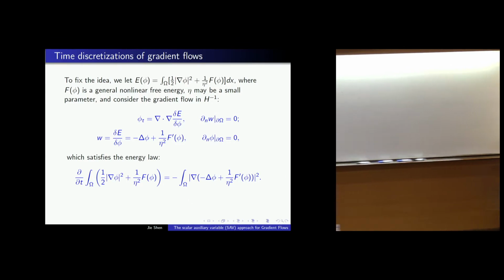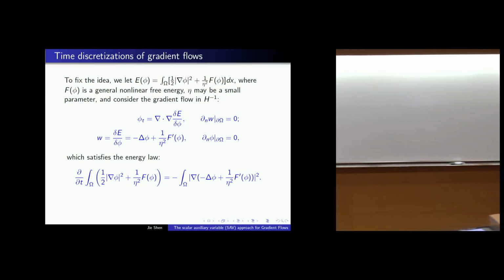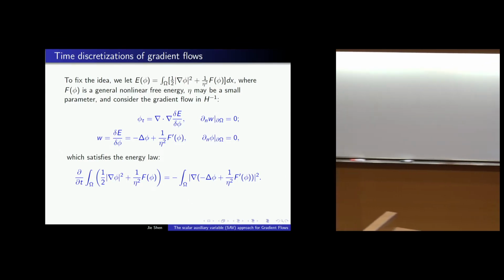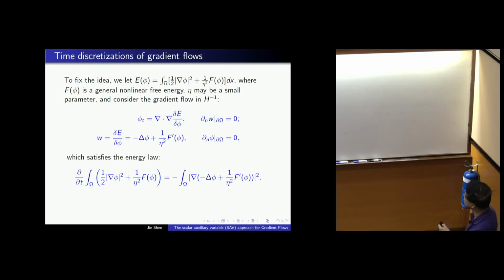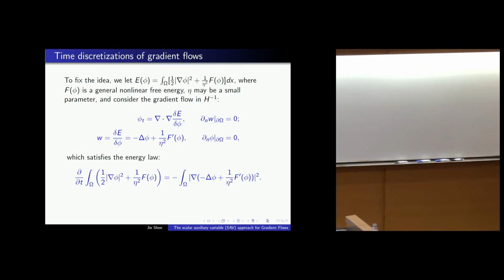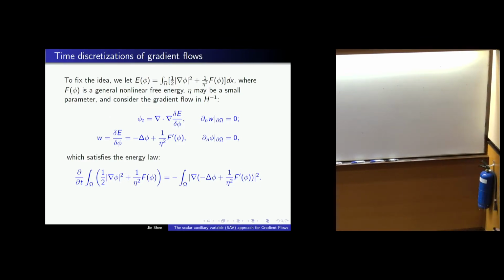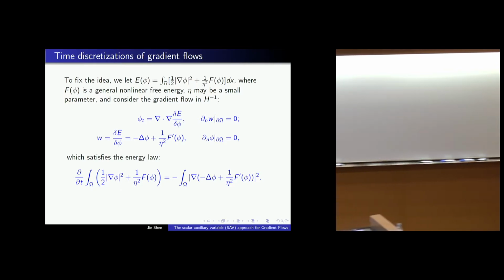In the phase field model, this eta would be the interfacial width, and we prescribe Neumann boundary condition or periodic boundary condition for the chemical potential and for phi.